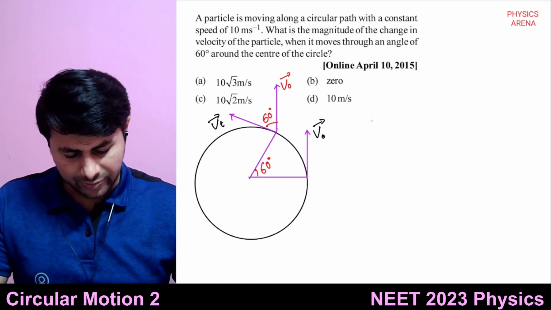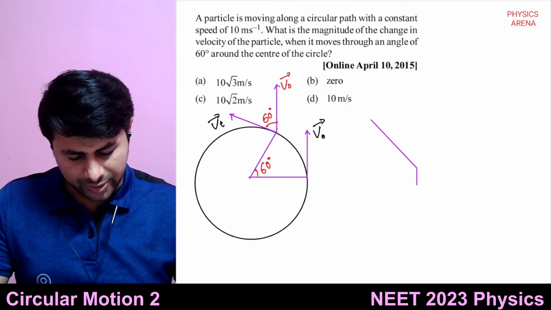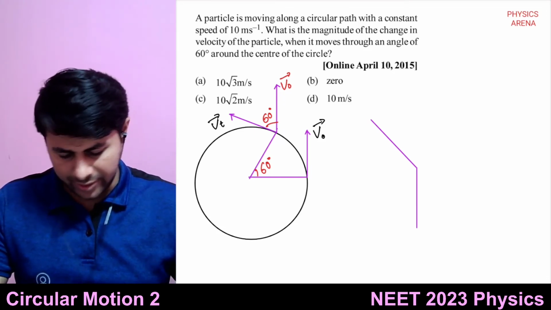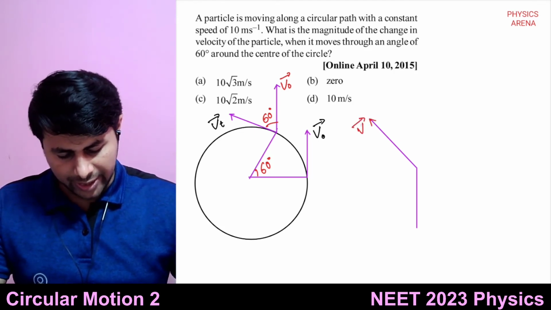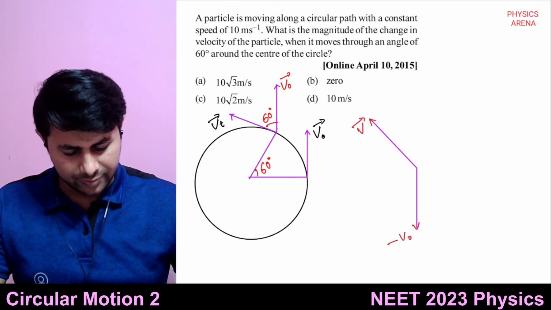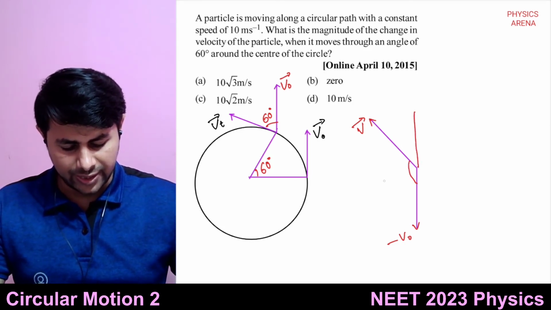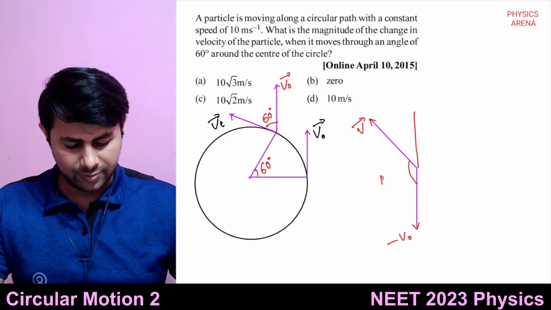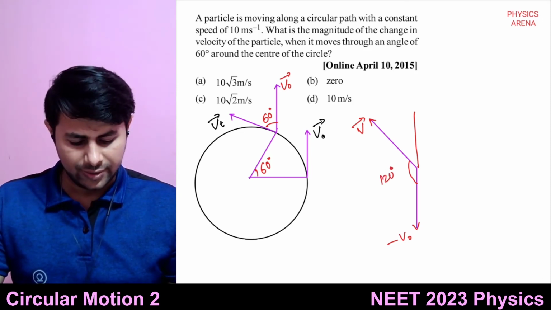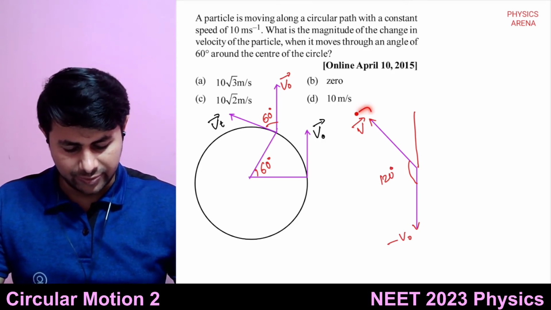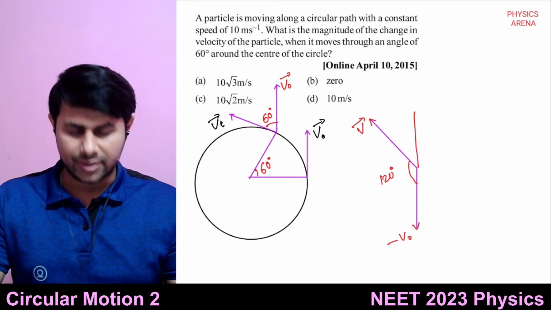This is Vt, velocity at time t, minus V0. If this is 60 degrees, how much would be the angle between V and minus V0? 120 degrees, right? Now you want to add this vector and this vector and find the resultant.